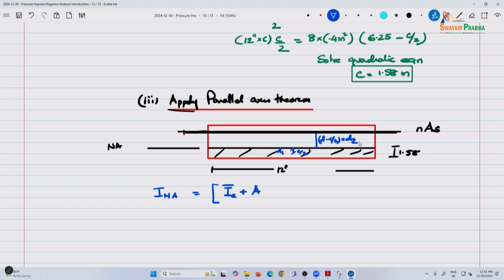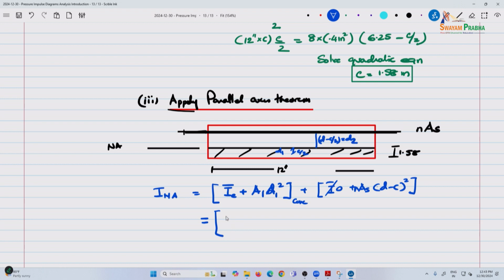I am not going to spend too much time. If you have questions, ask me later. A1, because I want to get these numbers through for completeness, plus for steel, I bar can be taken to be 0 plus N A_S times (D minus C) squared.